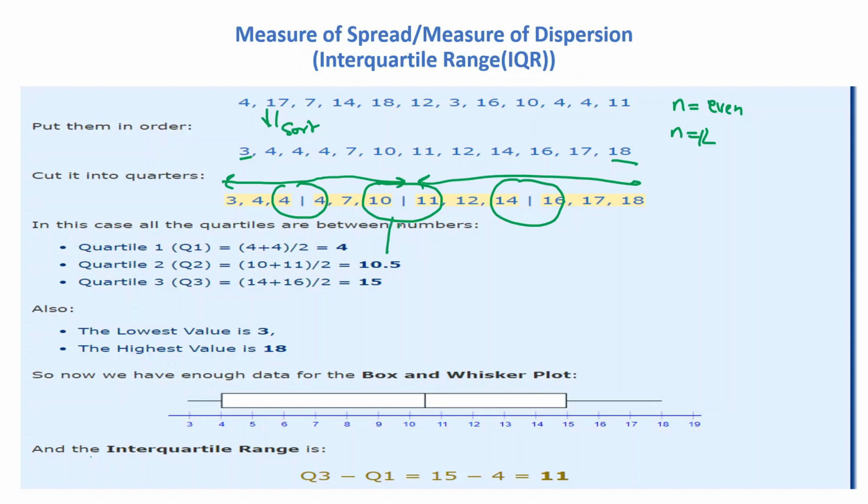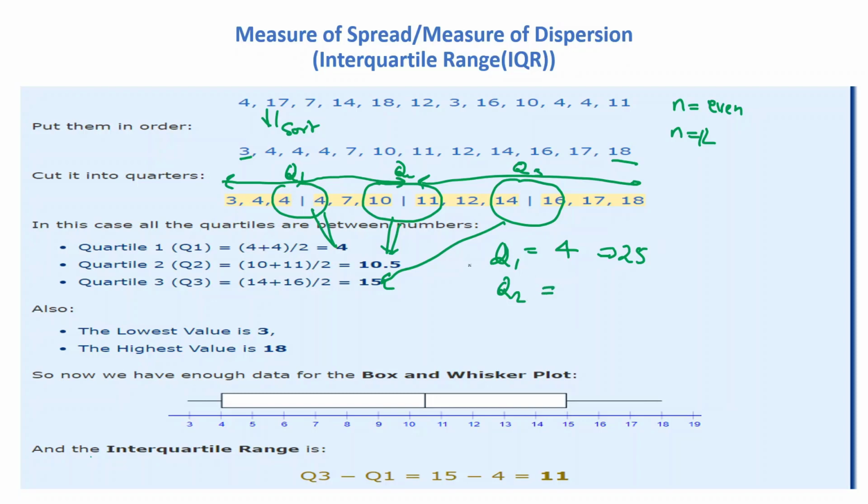So this is your Q1, this is your Q2, this is your Q3. Q1 would be 4, the 25th percentile.